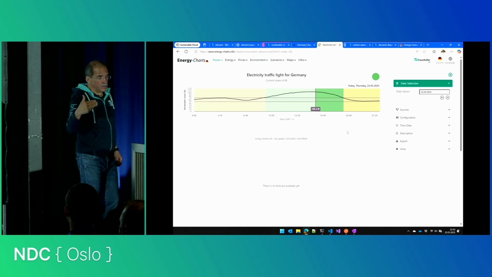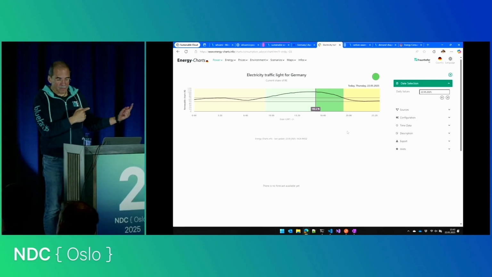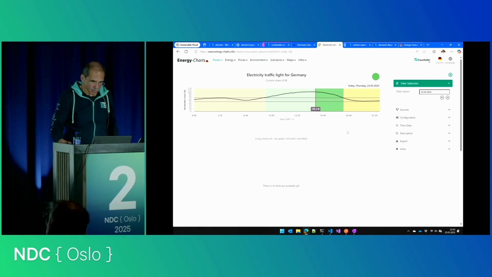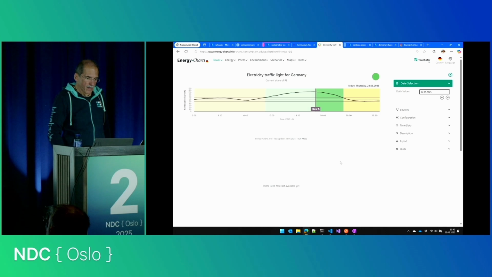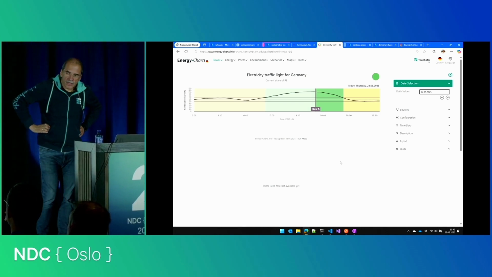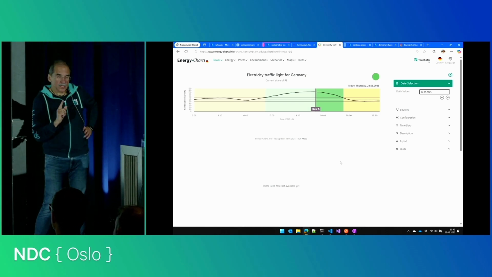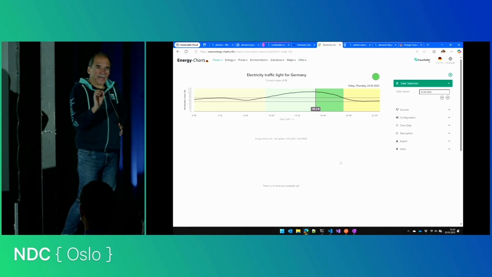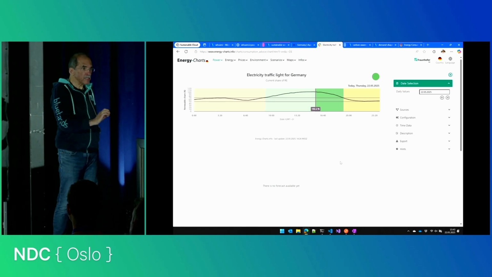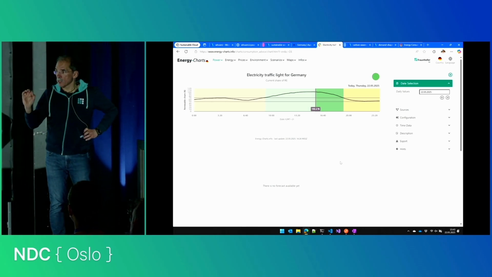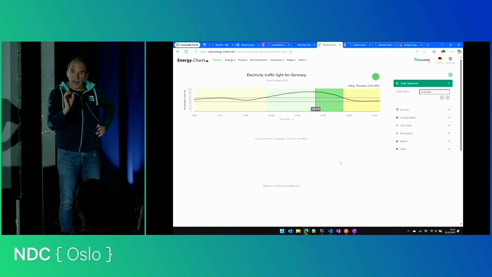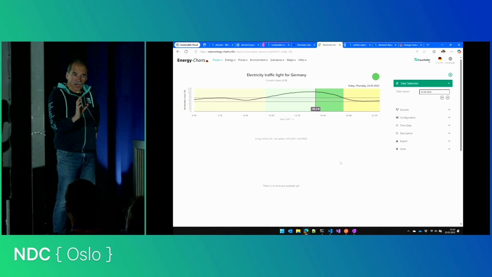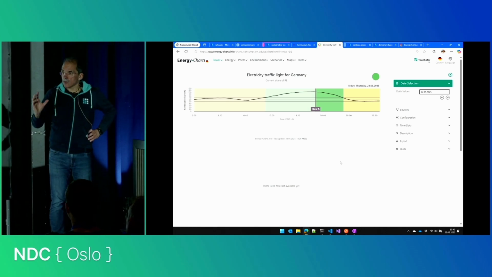And currently it's a good time for solar in Germany. Here it is more or less cold. And then I can think about it. Okay, I have some batch jobs, non-interactive computing load. When is the best time to execute this computing load?